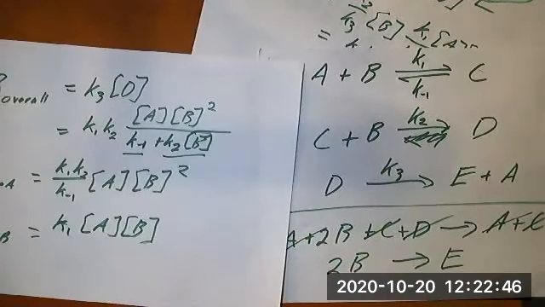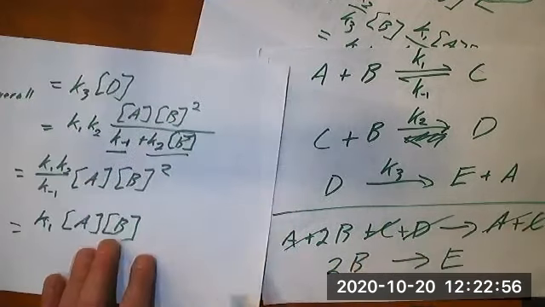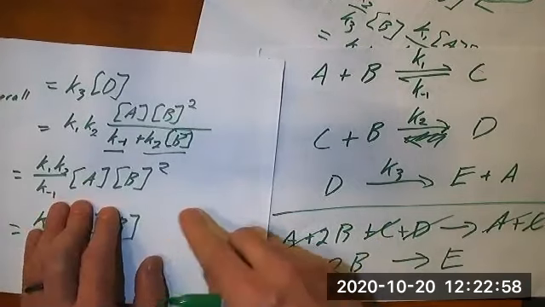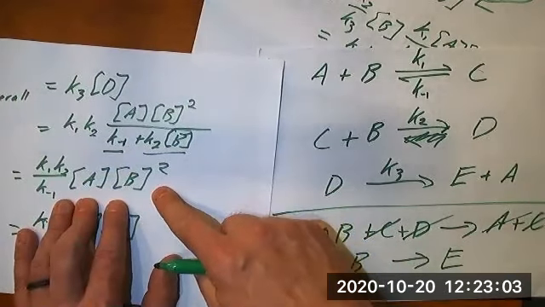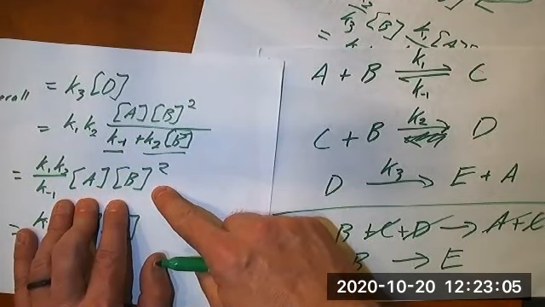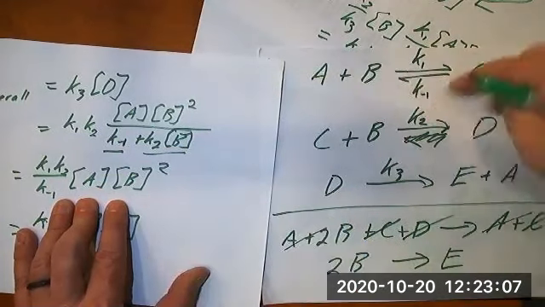And so let's suppose that we experimentally made the measurement and found that our reaction rate was second order in concentration of B. We could test this mechanism.